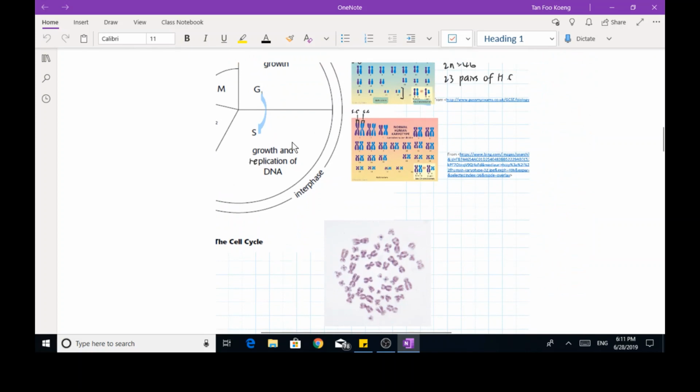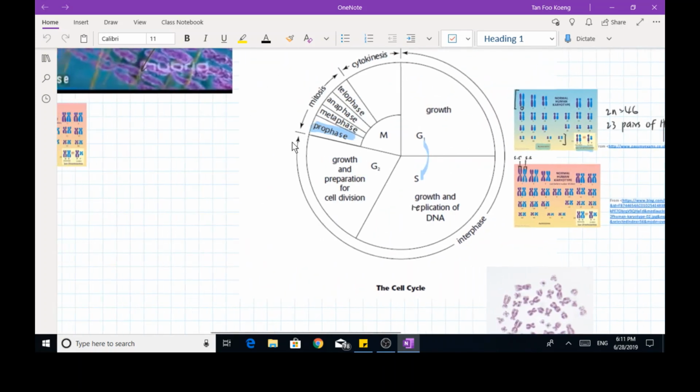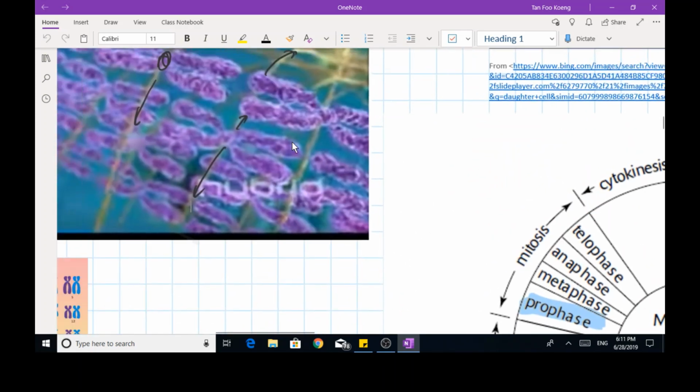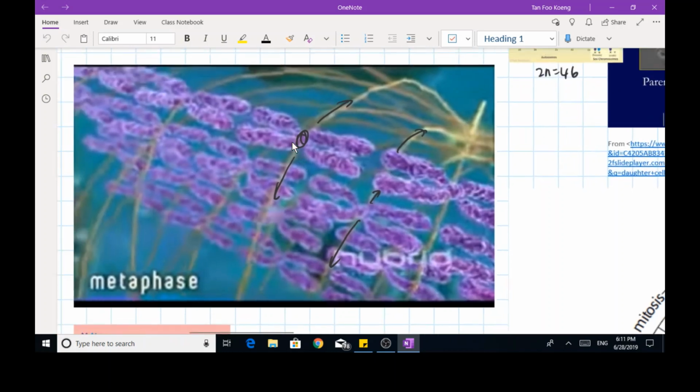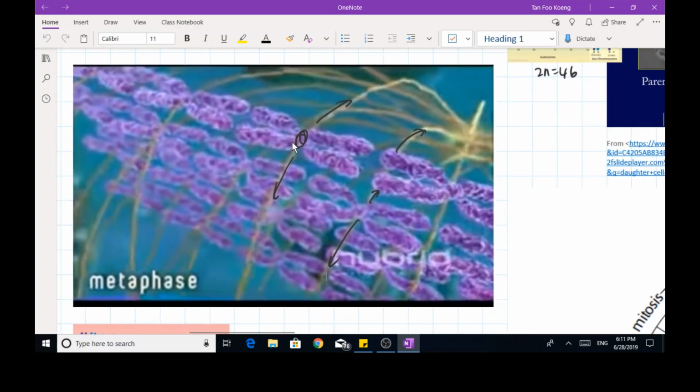All right. After prophase, it will be metaphase. This is the metaphase. As you can see here, we have 46 chromosomes, or 46 pairs of sister chromatids joining at the centromere. Now 46 is not a small number. So how do you align them on the metaphase plate during metaphase?